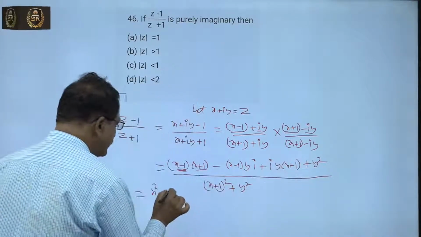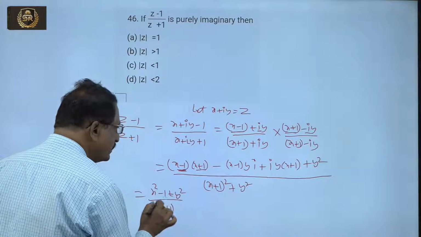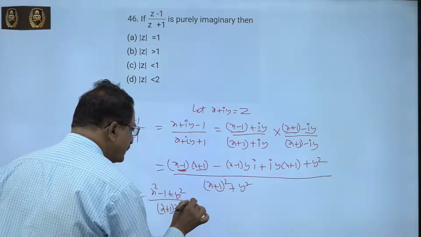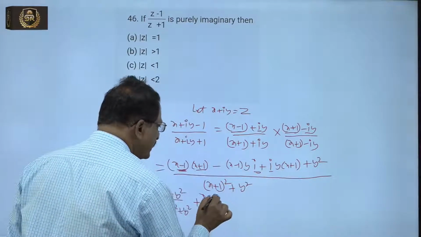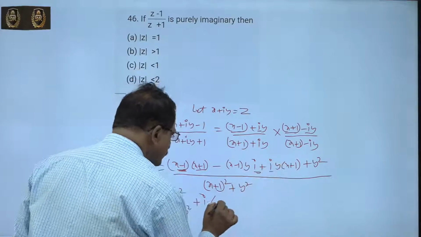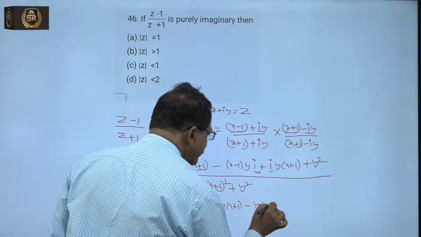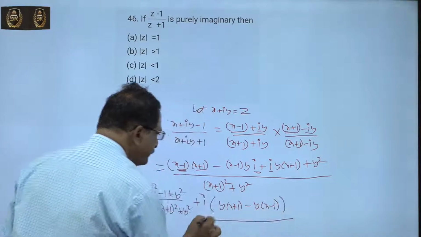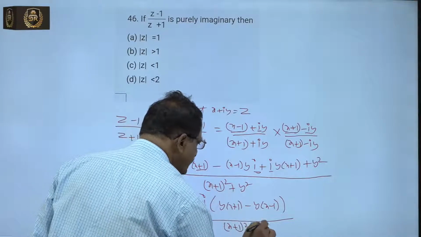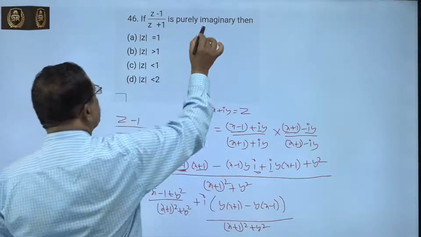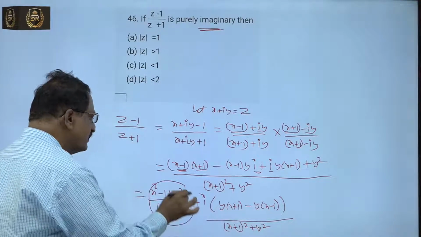Next, plus y square by (x plus 1) whole square plus y square, plus i into, in the remaining two terms taking i common, i of (y of (x plus 1) minus y of (x minus 1)) by (x plus 1) whole square plus y square. Now in the problem it is given that it is purely imaginary, so the real part must be equal to 0.